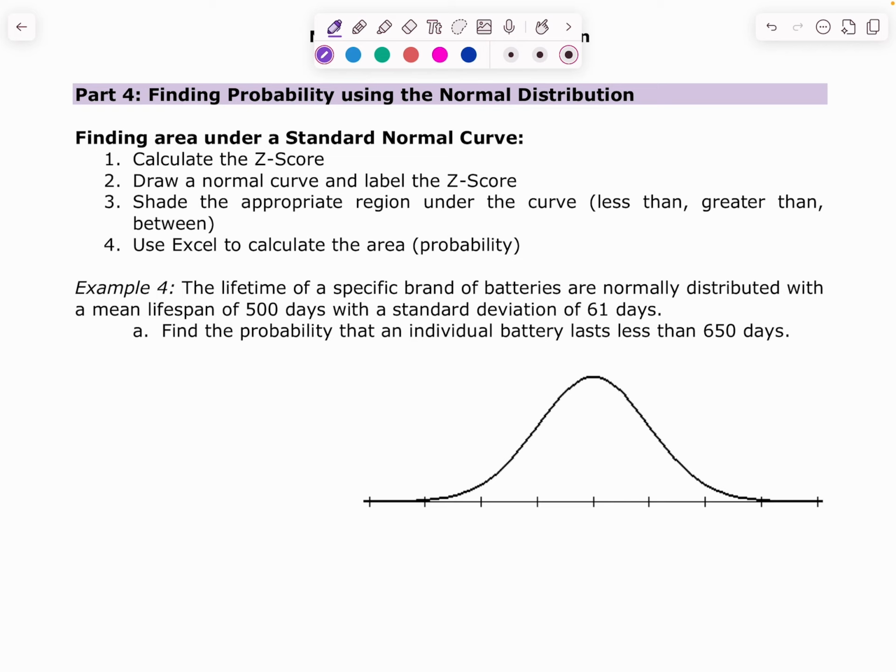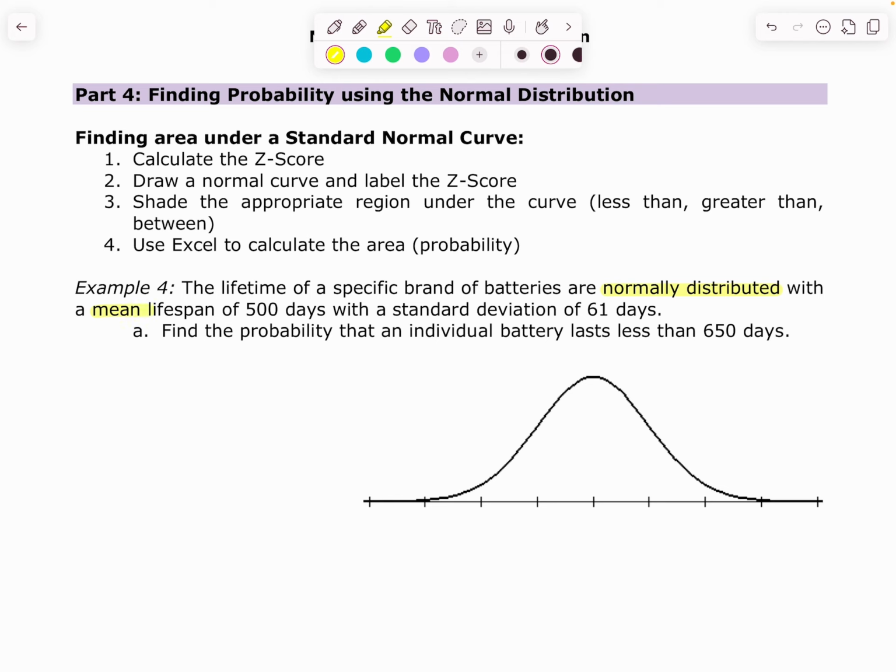This example says, the lifetime of a specific brand of batteries are normally distributed with a mean lifespan of 500 days and a standard deviation of 61 days. So we have 3 really important things that I want to highlight before I go any further. The first thing is that the battery's lifetime is normally distributed. That is great. If I don't know that it's normally distributed, I cannot do what I'm about to do.